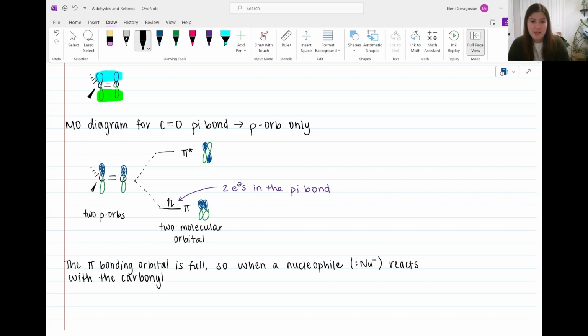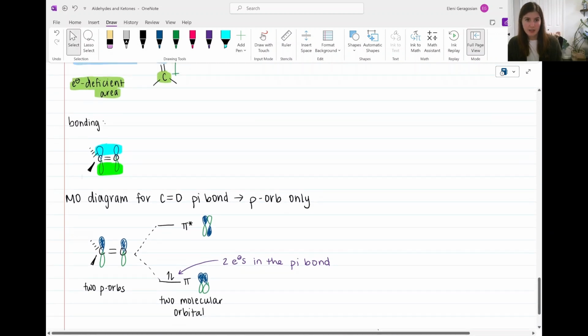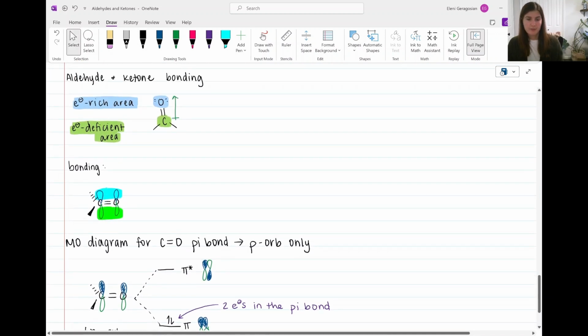Before I go on here, let's think about where a nucleophile would react with the carbonyl. Nucleophiles by definition have electrons that they are willing to give away and share with an electrophile. So if the nucleophile has electrons, I'm going to scroll back up to where we're describing electron-rich and deficient areas in the carbonyl.